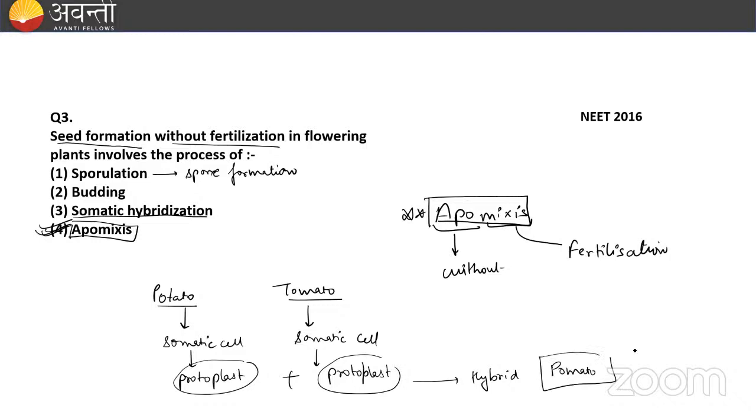This plant is formed by somatic hybridization. It will have the characteristics of both potato and tomato. You will study about this technique, somatic hybridization, in the biotechnology chapter. Okay. So for this question, the correct option is option number 4, which all of you have answered correctly.